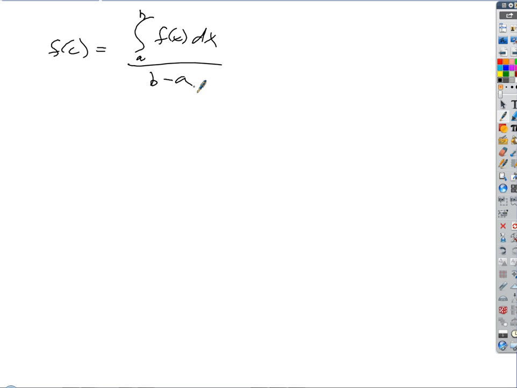The function is f, and c we define as the value of x where the function has its average. We interpret f of c as f bar, the average value, right?